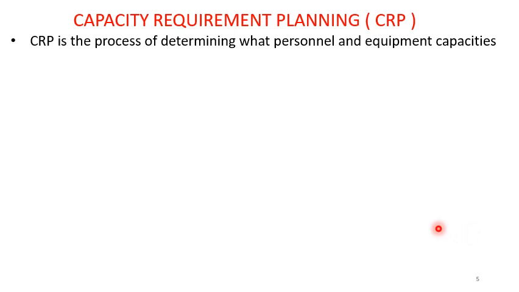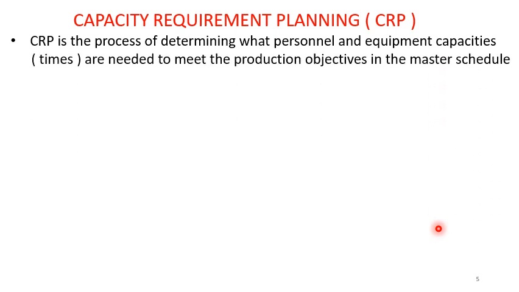Capacity requirement planning, or CRP as it is commonly known, is the process of determining what personnel and equipment capacities, that is capacities expressed in time, are needed to meet the production objectives in the master schedule and the materials requirement plan. So CRP is also a part of MRP.